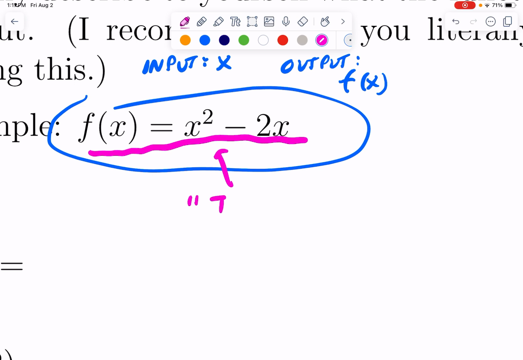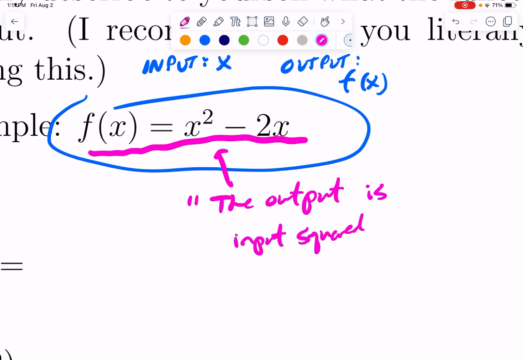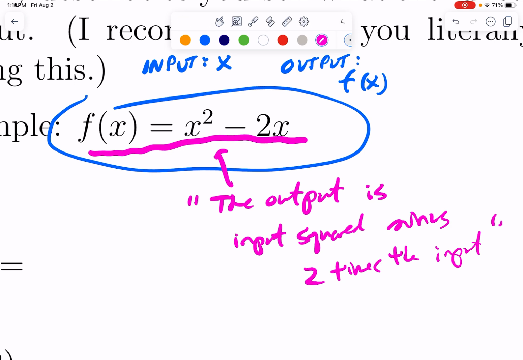So this is really saying, for this function, the output is input squared minus 2 times the input. Here I'm expressing it using the variable name x, but that's just a placeholder for input. Input squared minus 2 times input.